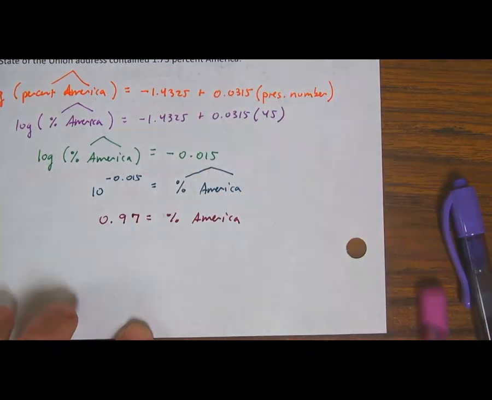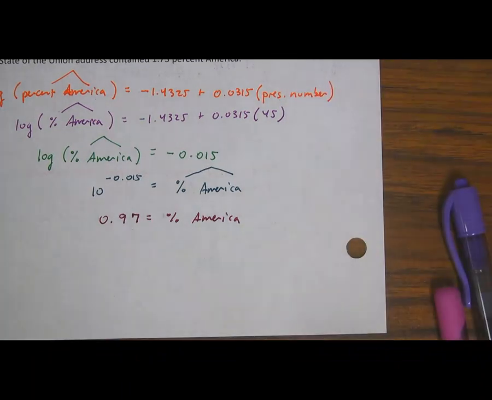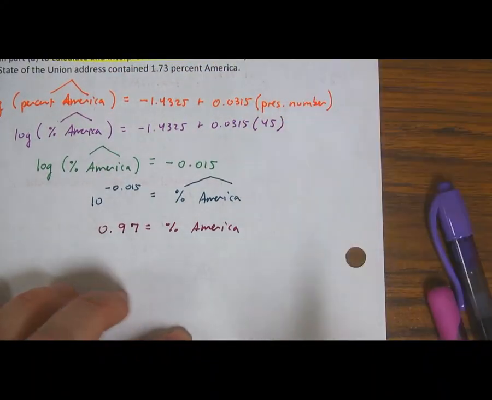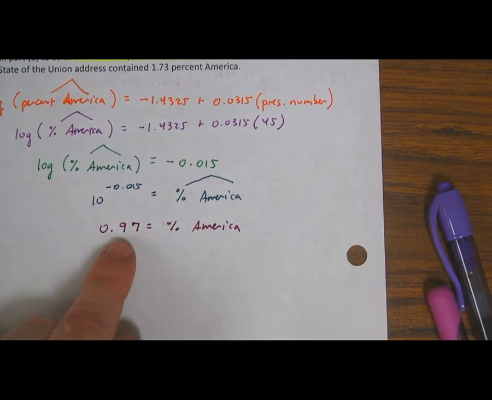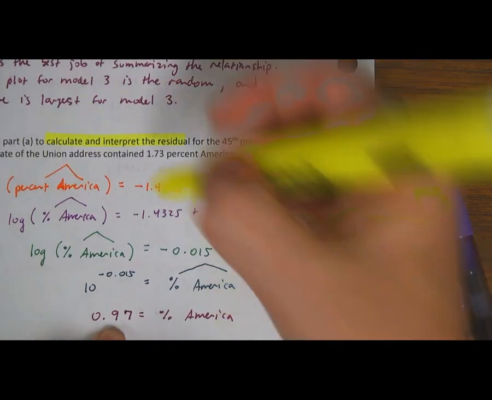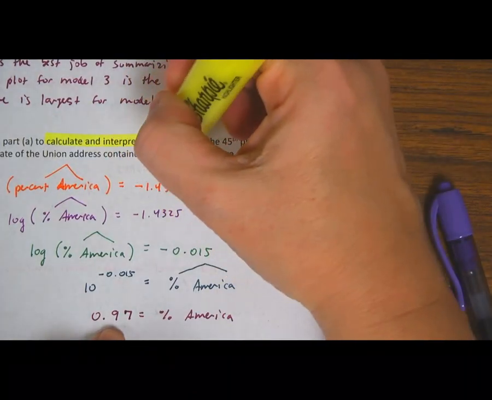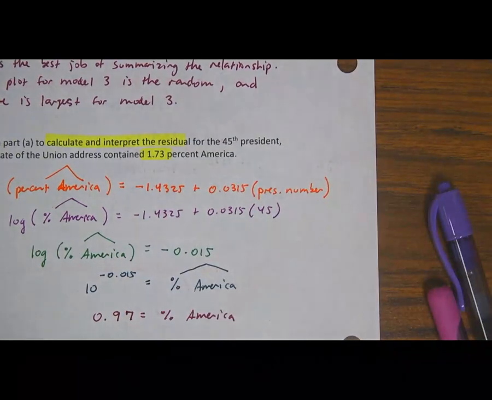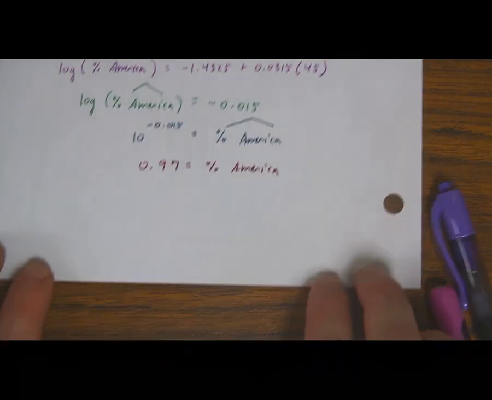It said to calculate the residual. Calculate and interpret the residual. Here's what I predict as the percentage of times he says the word. Turns out, the percentage of times he says the word America is 1.73. How do you figure out residuals again?